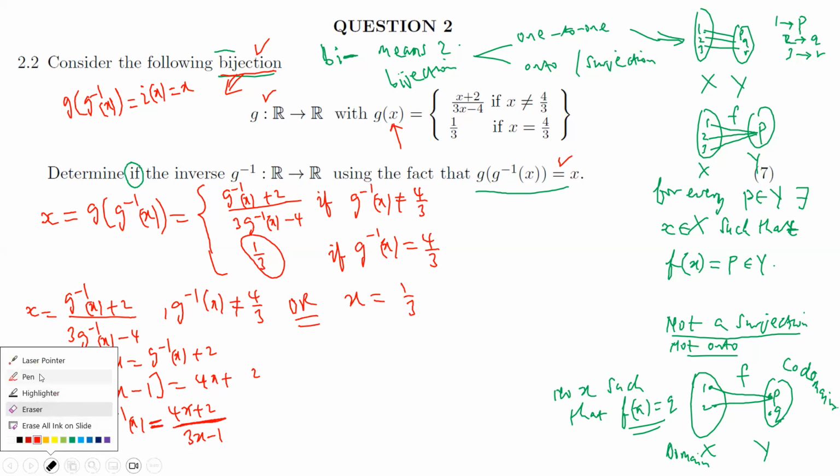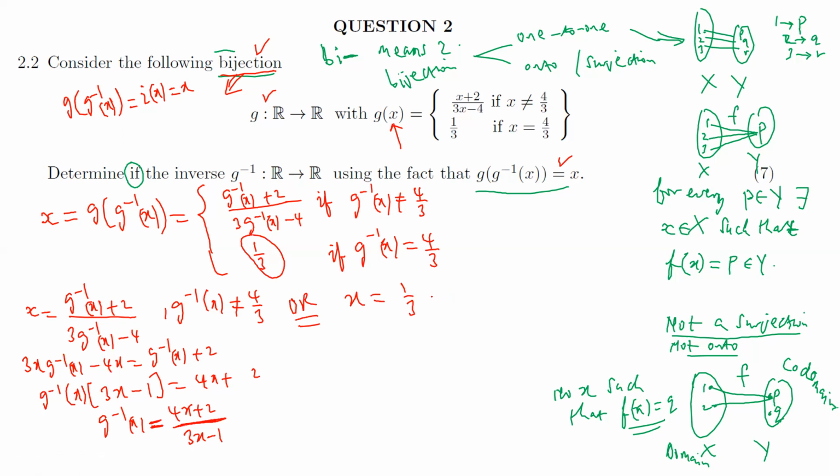Billions of ways to do it. X equal to 1/3 if G inverse of X is 4/3. So you have that.